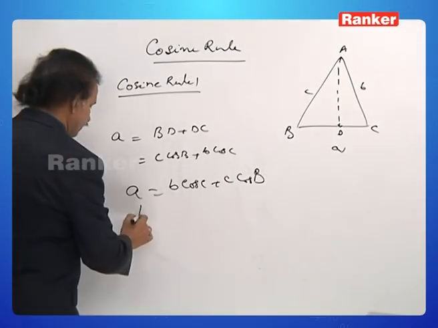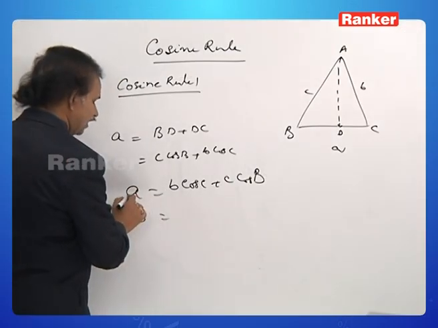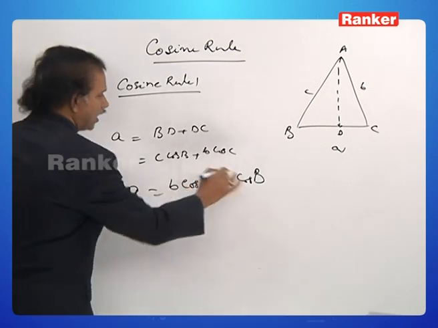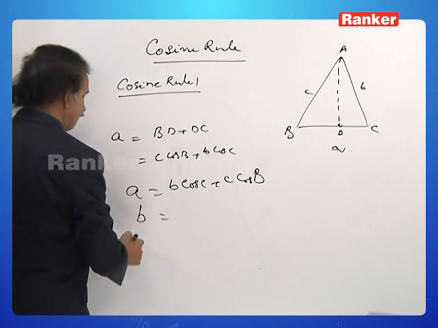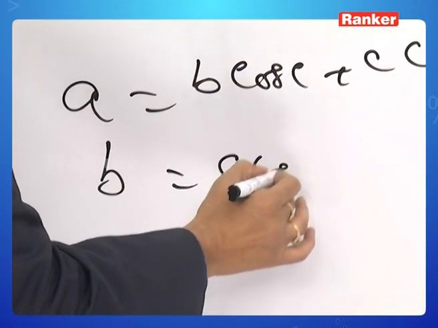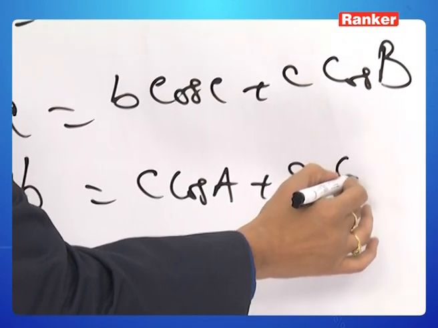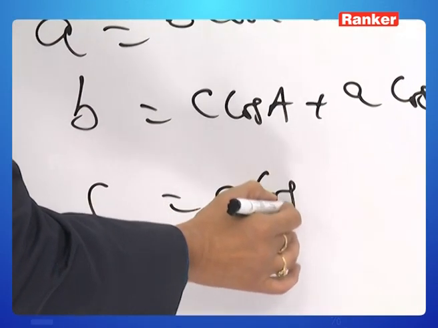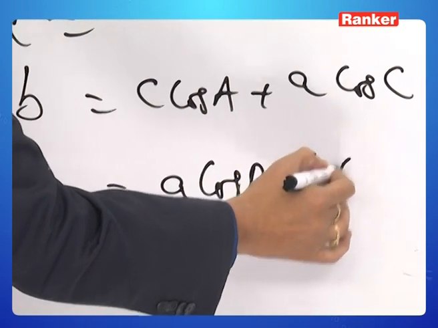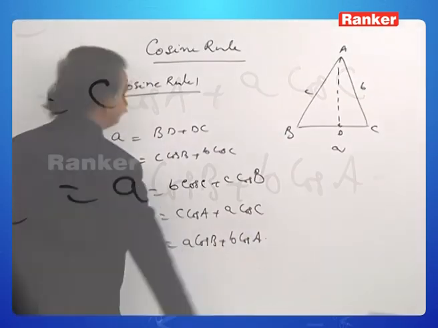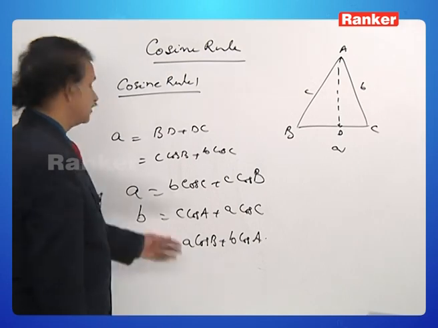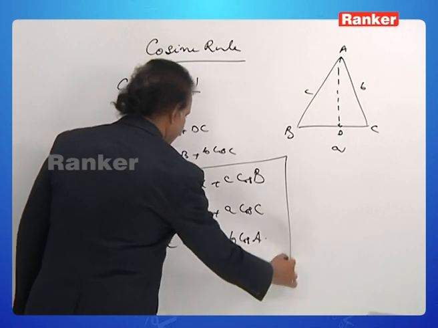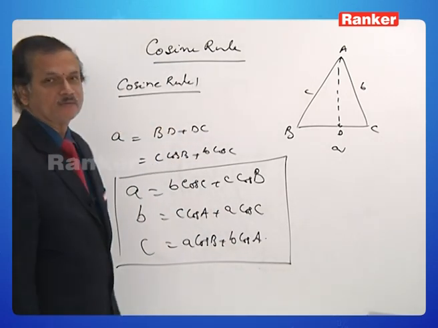In a similar fashion, we have b is equal to c cos A plus a cos C, and c is equal to a cos B plus b cos A. Like this, we learn cosine rule 1.